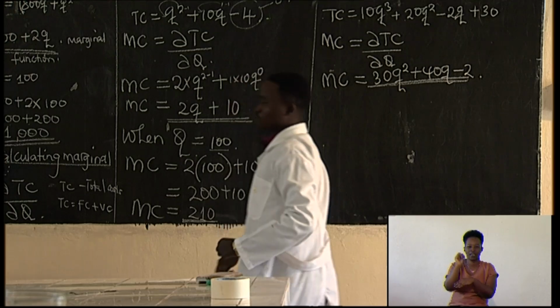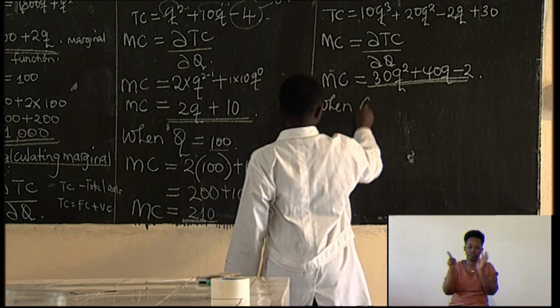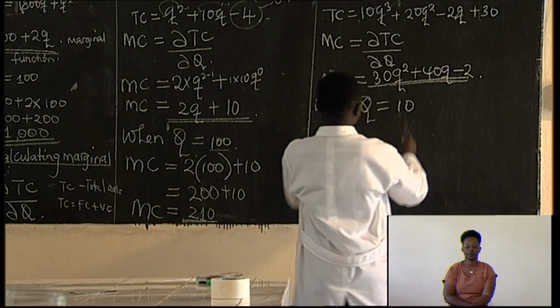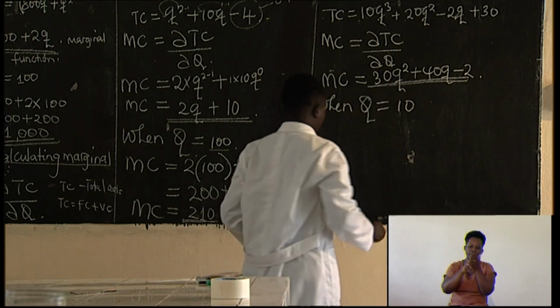Then you can get the marginal cost when output is 10. When output is equal to 10, you just substitute it into this marginal cost function.